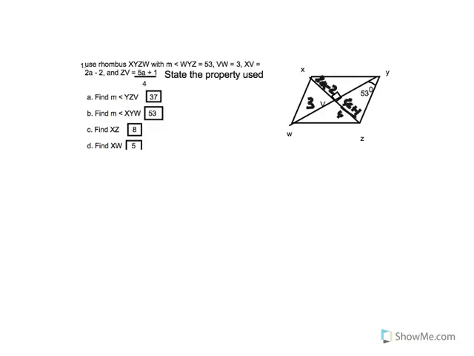So the property I'm going to use for A is that diagonals bisect each other. So I know that this piece here is congruent to this piece because diagonals bisect each other.